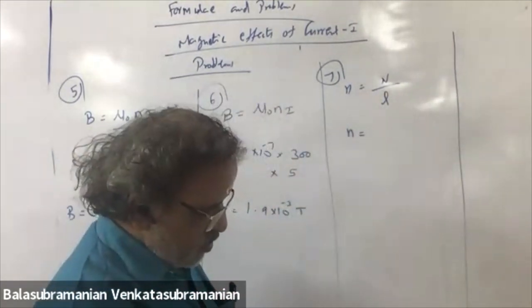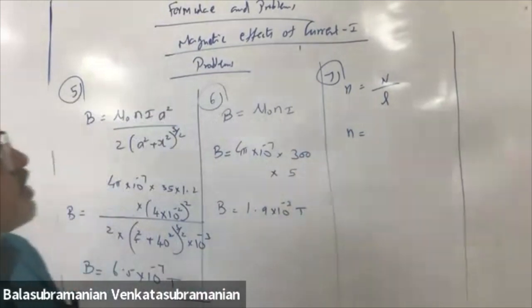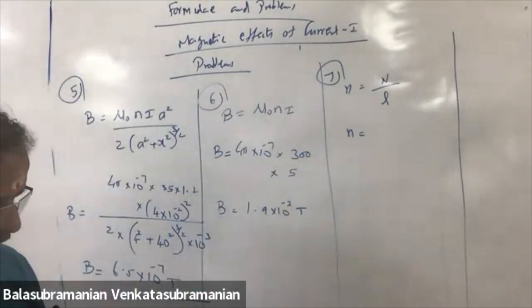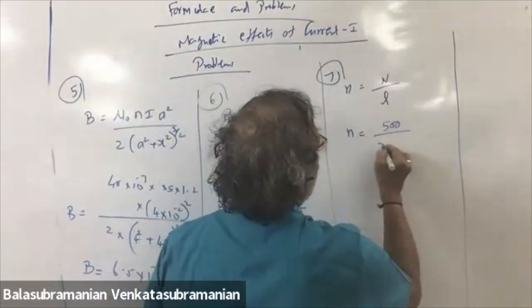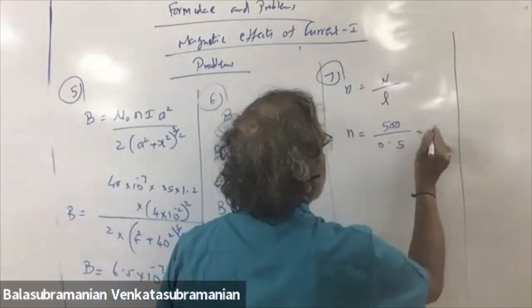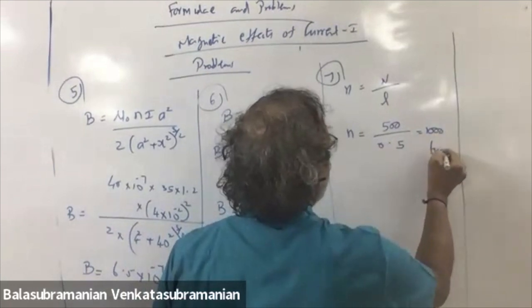What is the number of turns? In the case of the long solenoid carrying current, 500 turns over 0.5 meter, that is 1 by 2. So 1000 turns per meter.